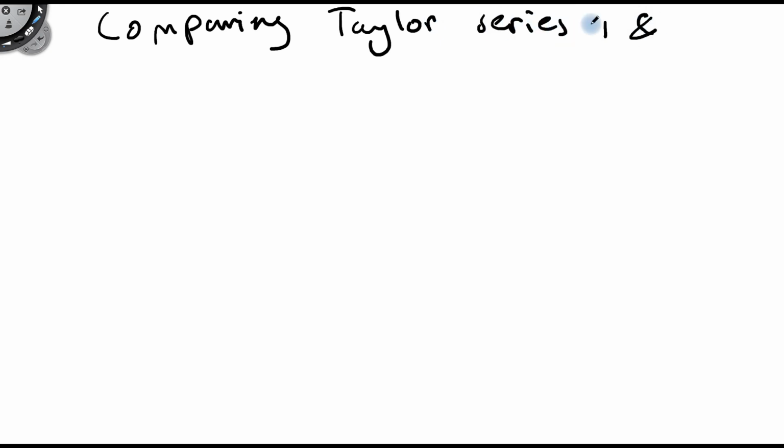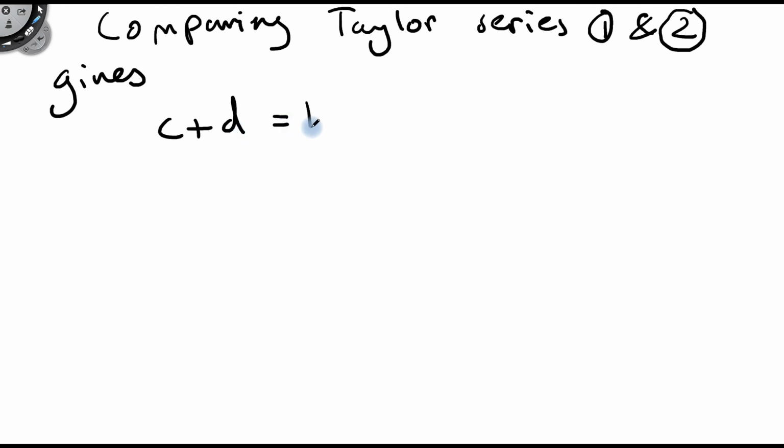So comparing Taylor series 1 and 2 gives the following. So c plus d equals 1, and dA equals dB equals a half.